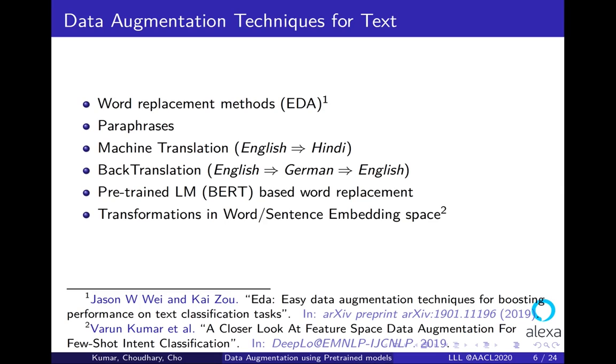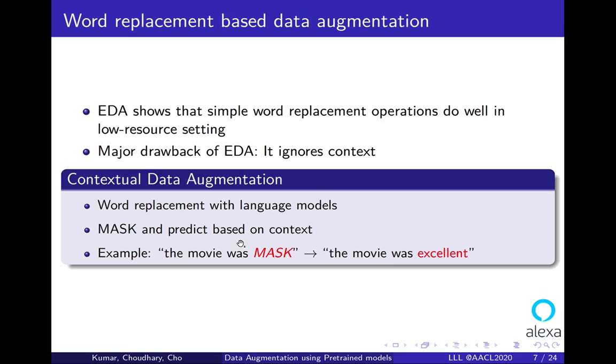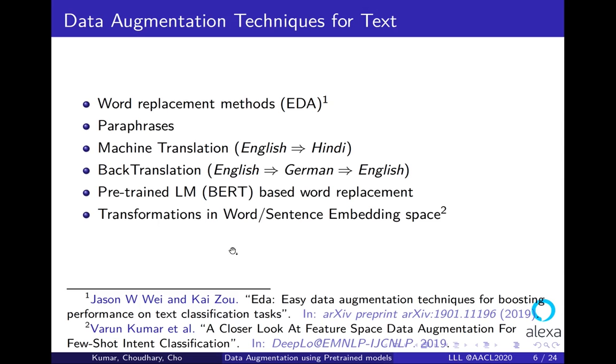Let's discuss some of the standard techniques that people use for text data augmentation. The first technique is EDA, which is a simple word replacement method. In EDA, authors show that one can replace words with their synonyms and can do well on text classification tasks. We can also generate paraphrases for training data to augment our training data.